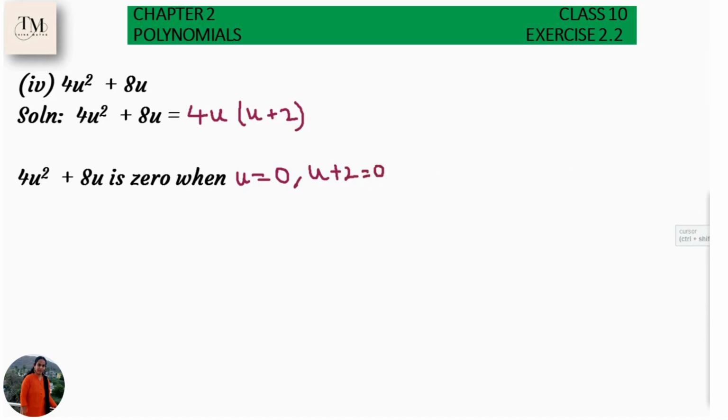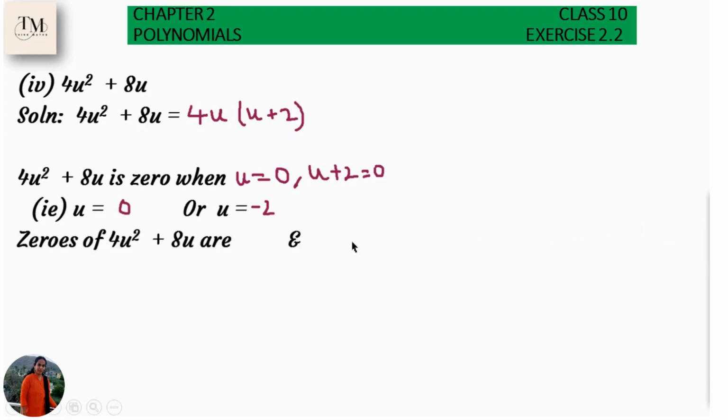So we got one zero directly. When u plus 2 is equal to 0, you get u is equal to minus 2. So the zeros are 0 and minus 2.